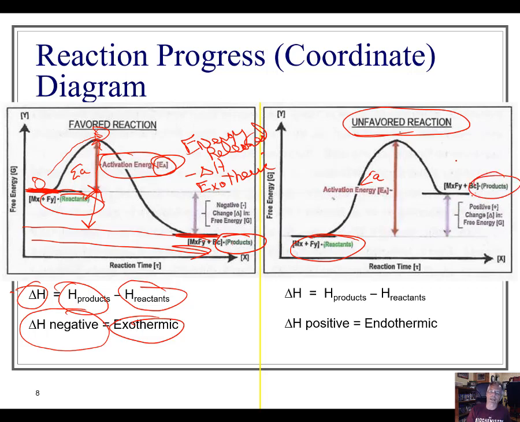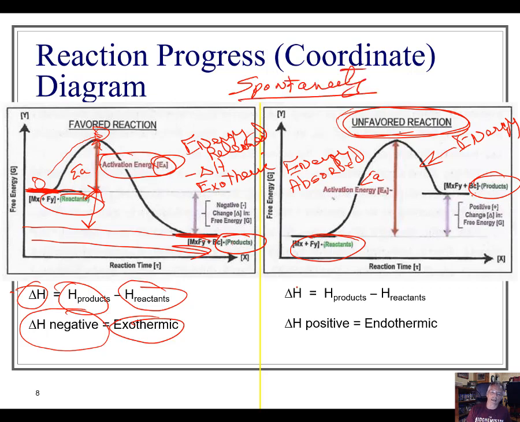This is going to be a reaction that absorbs energy. So you have to add energy just to get it to happen. And in the end, overall, energy has to go into the system. It's not released, it's absorbed. And this is typically unfavorable for what we call spontaneity.